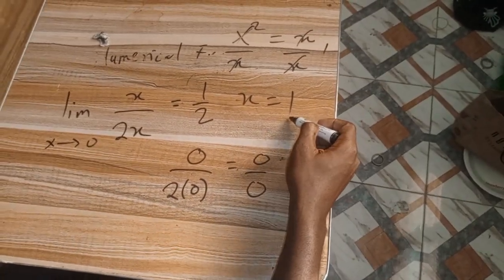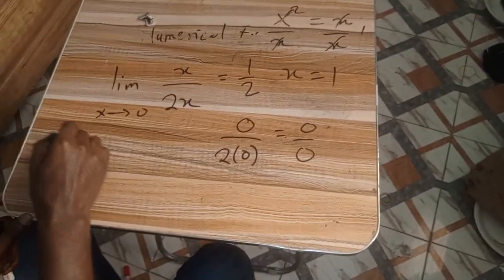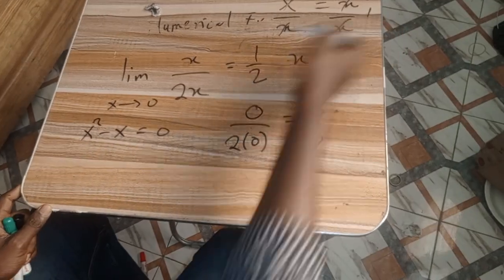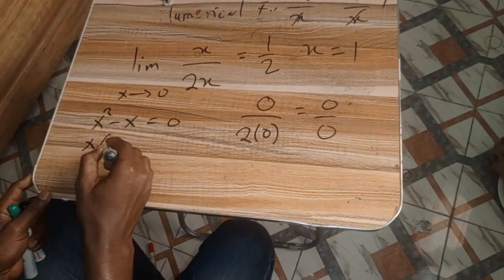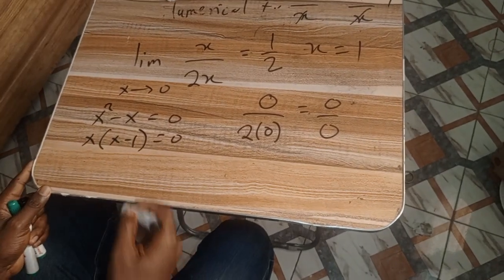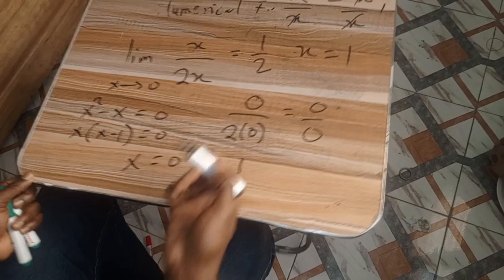This is an incomplete solution. The solution to this equation can be best obtained when you bring the x here, factorize, and you have x times x minus 1 equals 0. Then you will know that x is equal to 0 or 1. So you need to be careful.